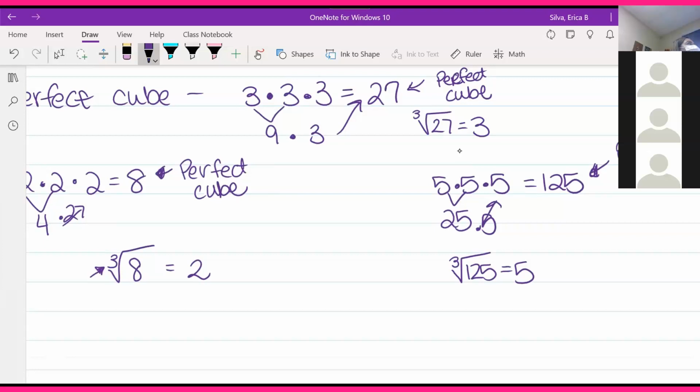It's the number that's multiplied by itself 3 times. And if you don't have a calculator, on your Google Classroom under resources, there's a link that links directly to a calculator.